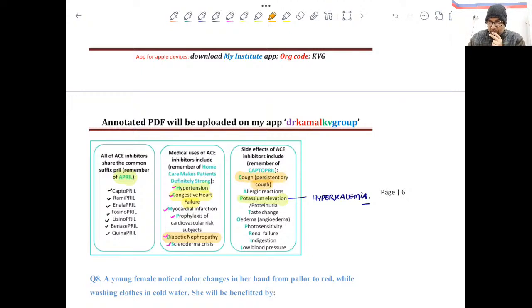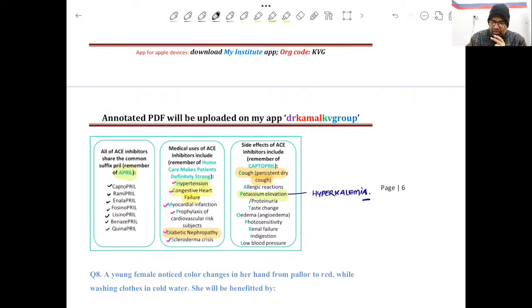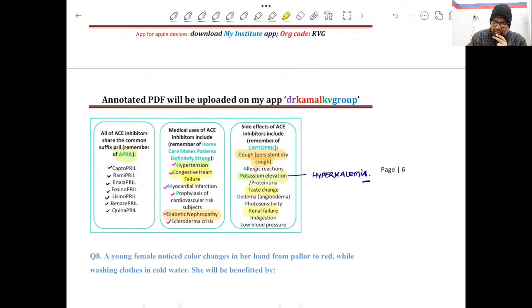And at times, because of this dry cough, we have to discontinue the drug. So dry cough means there is no productive cough, there is no sputum, there is only cough. Clear? Then there can be taste change, right? Or renal failure, like that. So just remember these two important ones. This one is also very important to remember.